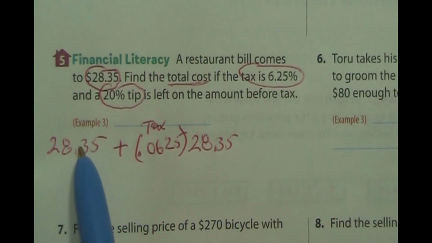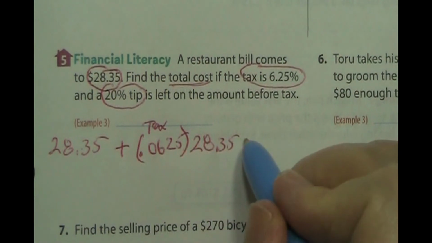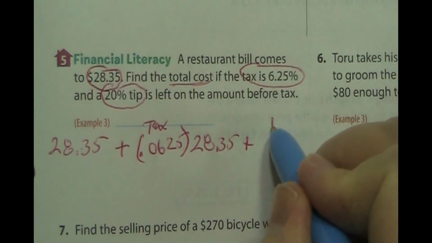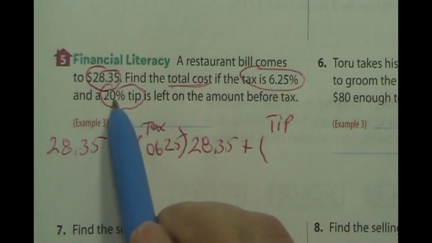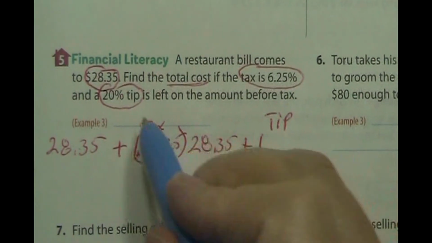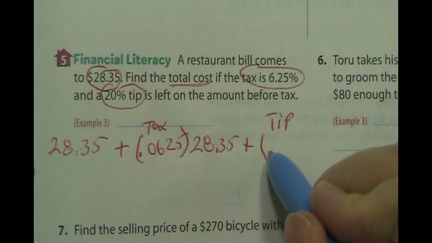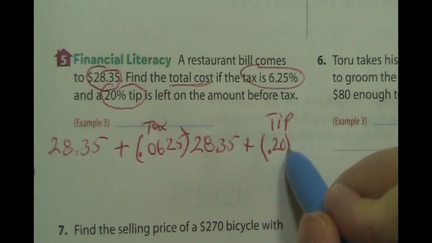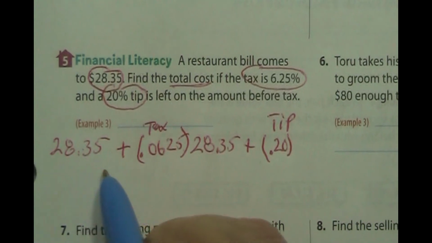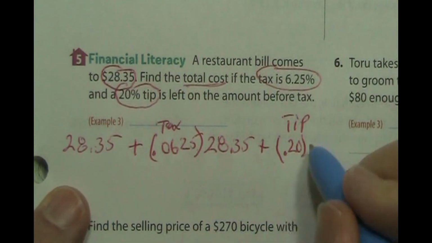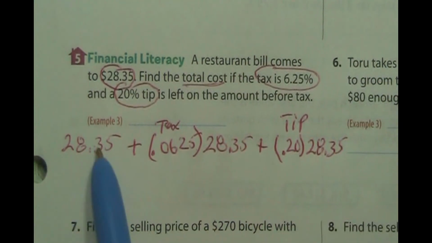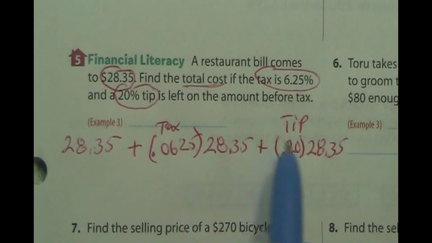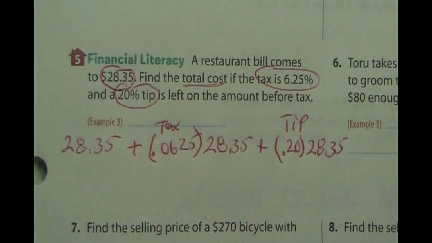This is how much for the restaurant bill, then the tax of it, but then you have the tip. And the tip, you want to give a 20% tip. Move the decimal 2 spaces times how much the meal was, $28.35. All right, you figure out these 3 things, add it, and then you have your answer.